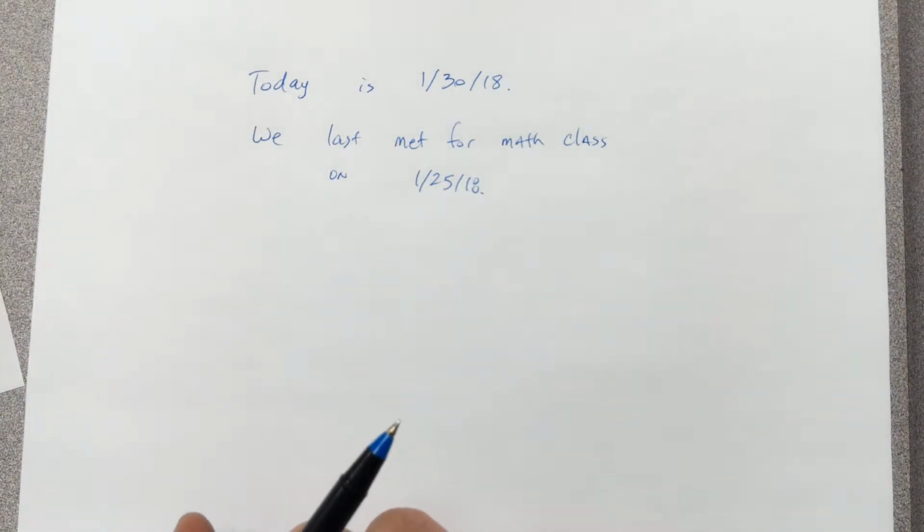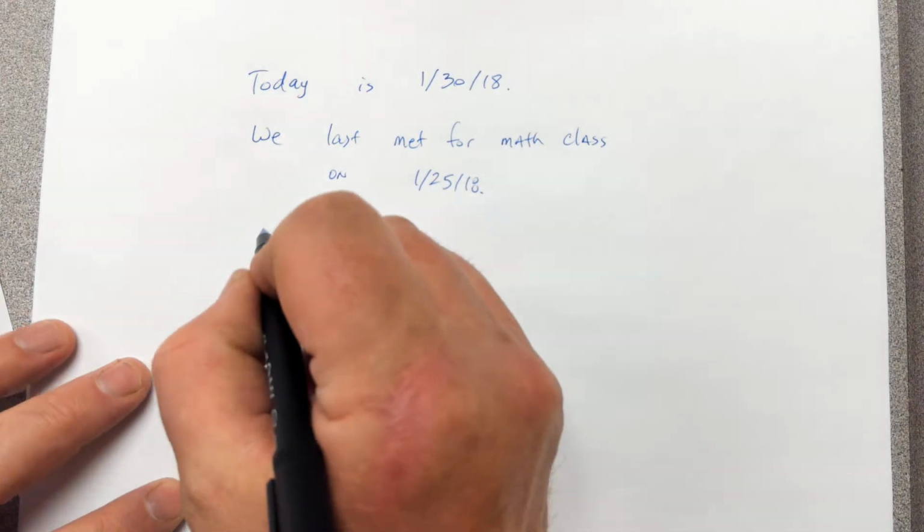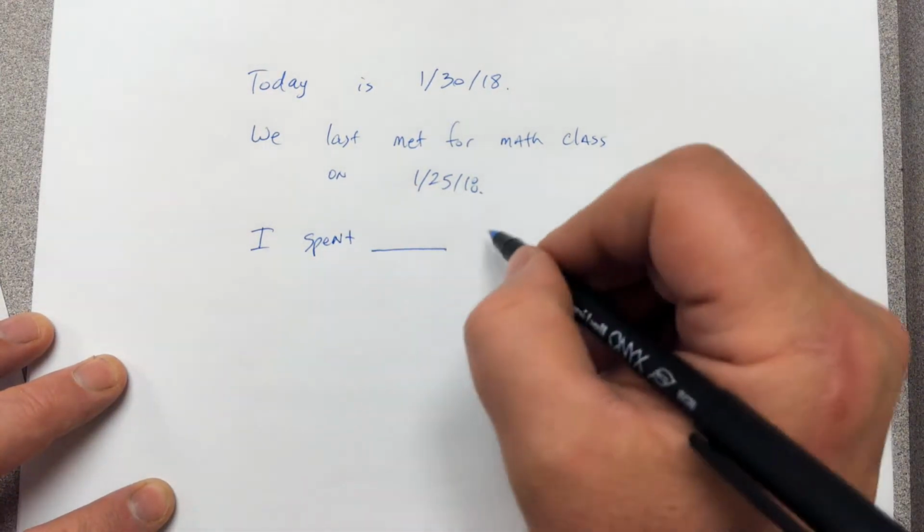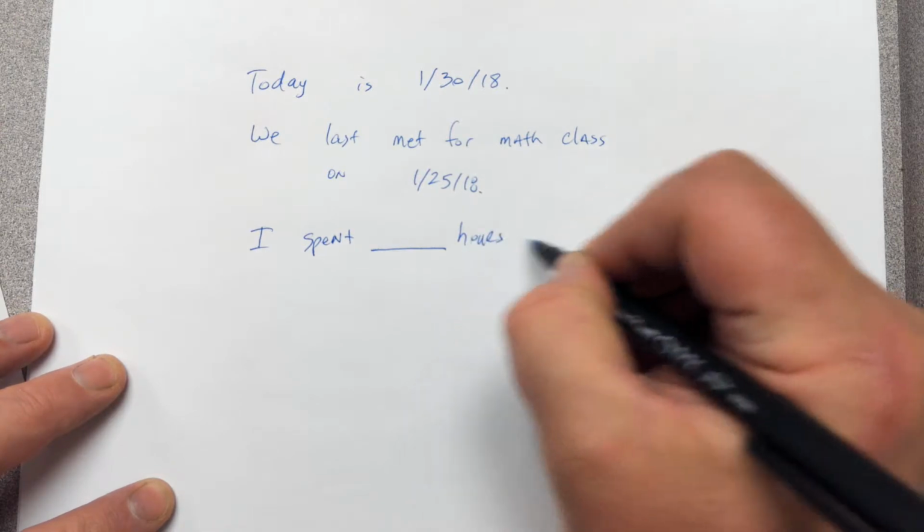That's 5 days. 24 hours a day. 5 times 24 is like 120 hours. Do I have to write all that? Mm-hmm.